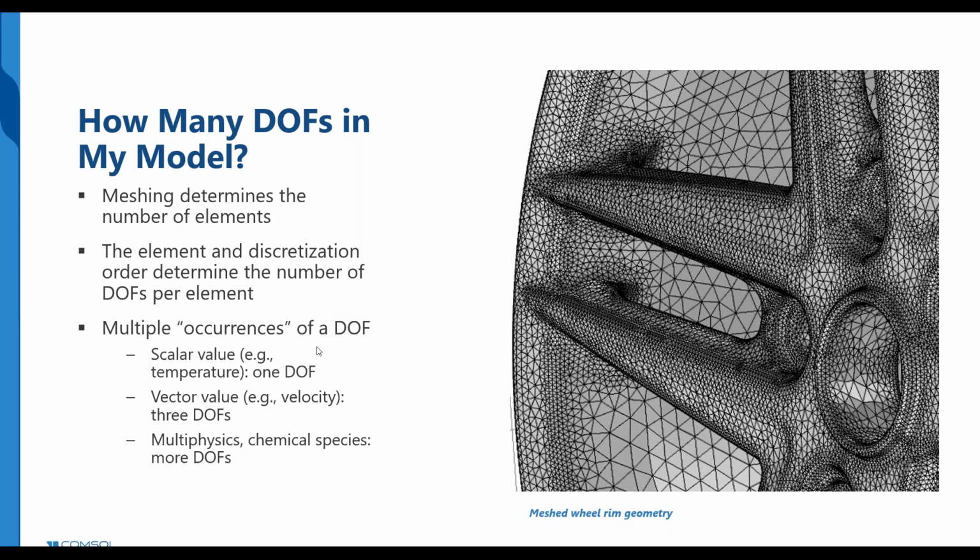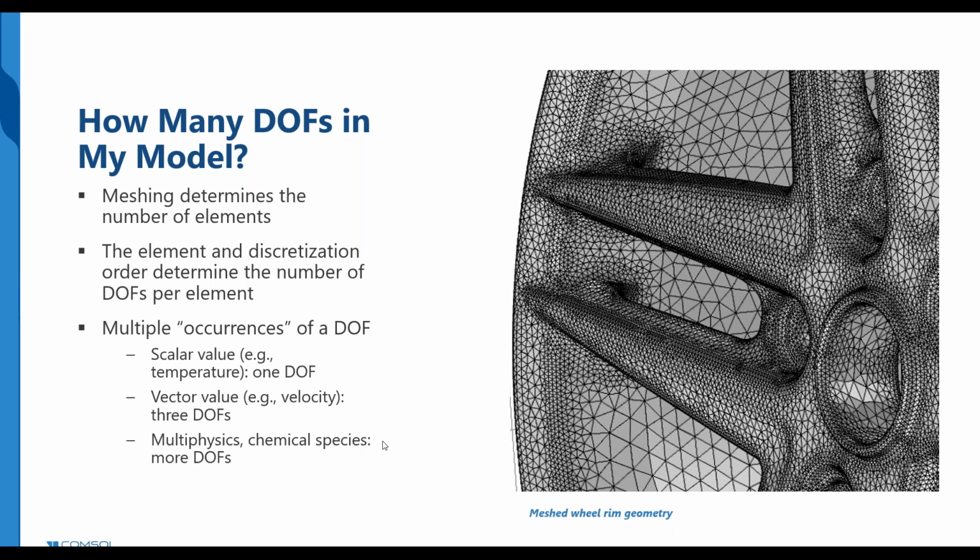And on top of that, we can have multiple occurrences of a degree of freedom for a mesh element. We can, for instance, represent not just scalar values such as temperature, but also velocity and field values that are vector valued in general.